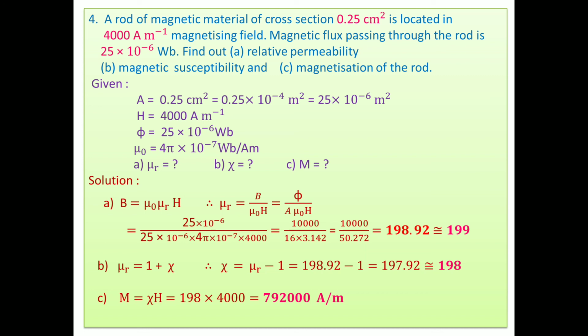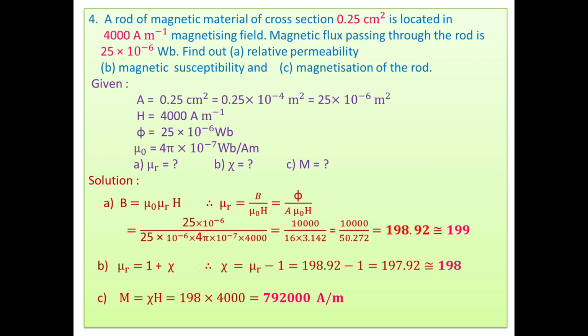Then we know the formula B equal to mu 0 mu r H. Therefore, mu r, the relative permeability, equals B upon mu 0 H. Here B is taken as magnetic flux per unit area.